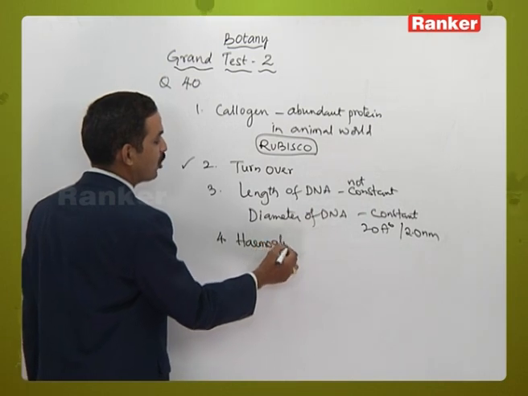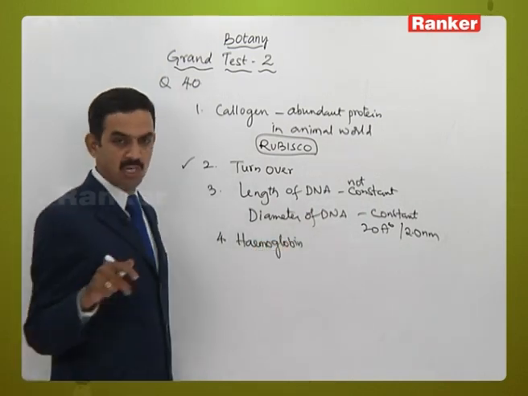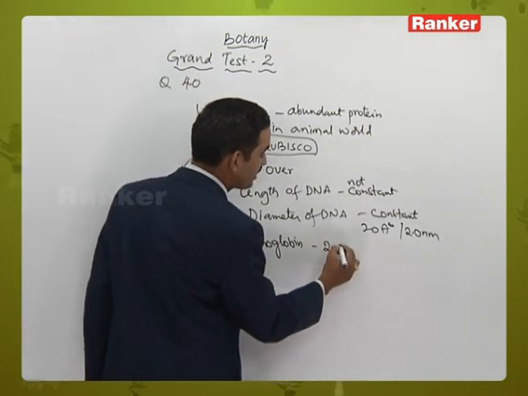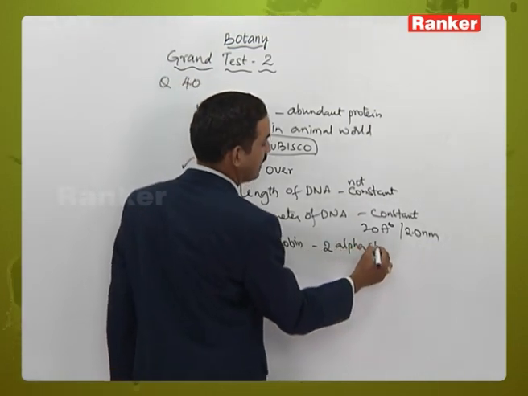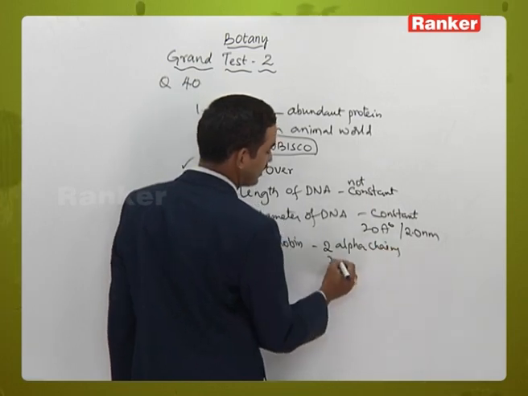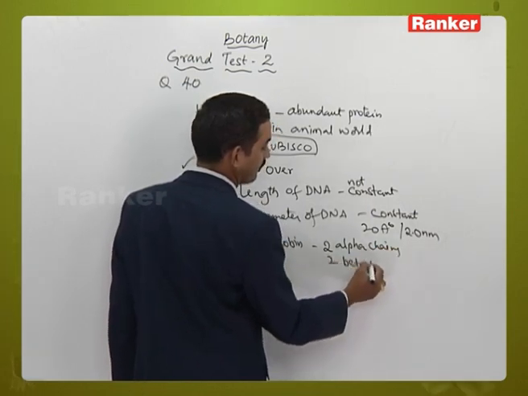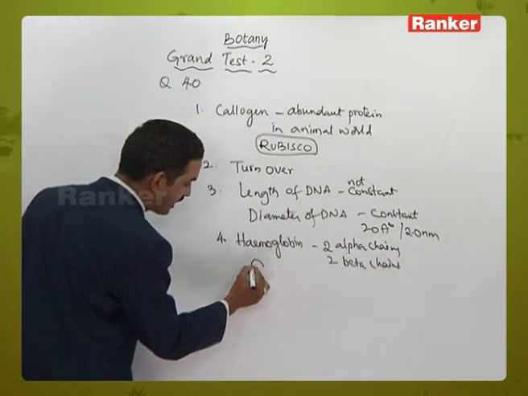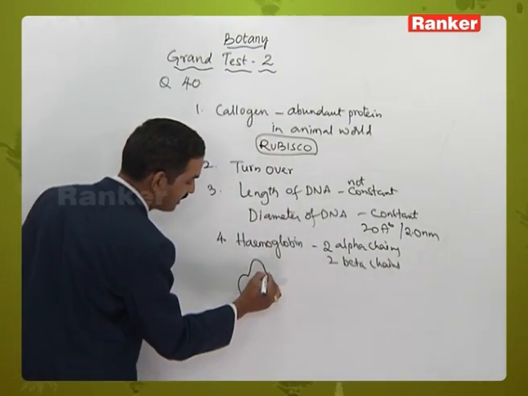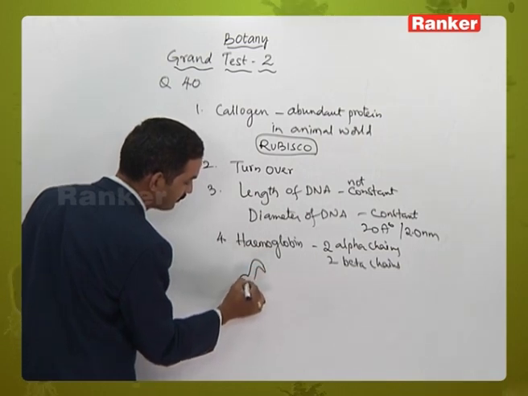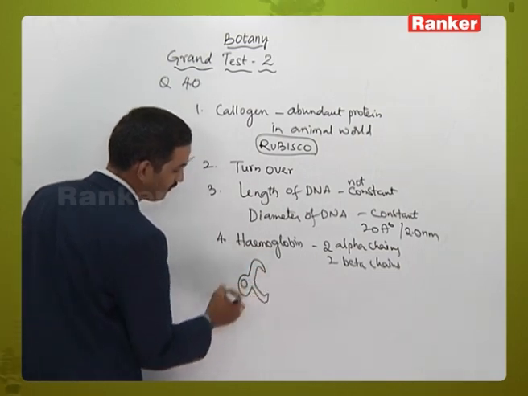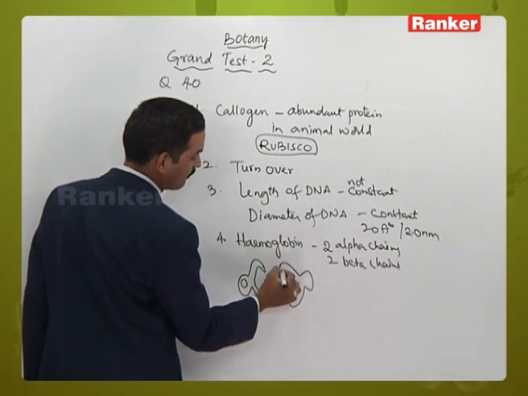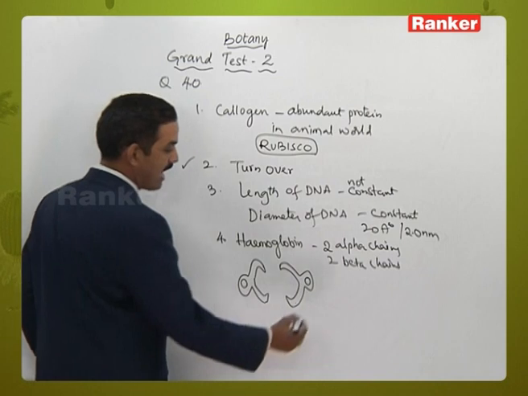Then the fourth one, hemoglobin. We know that hemoglobin is a protein molecule which contains 4 chains: 2 alpha chains and 2 beta chains. The structure of the alpha chain will be like this, and one more alpha chain will be like this, right?